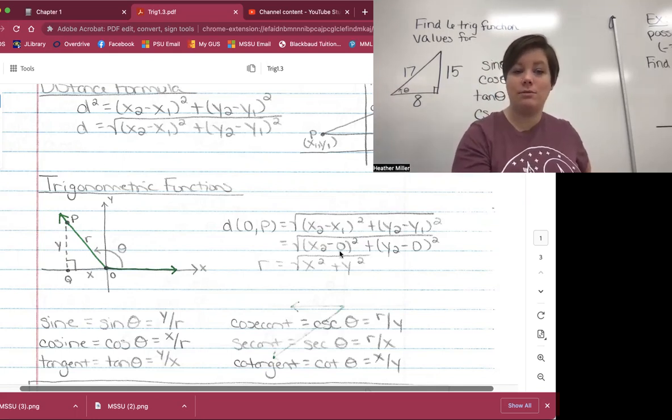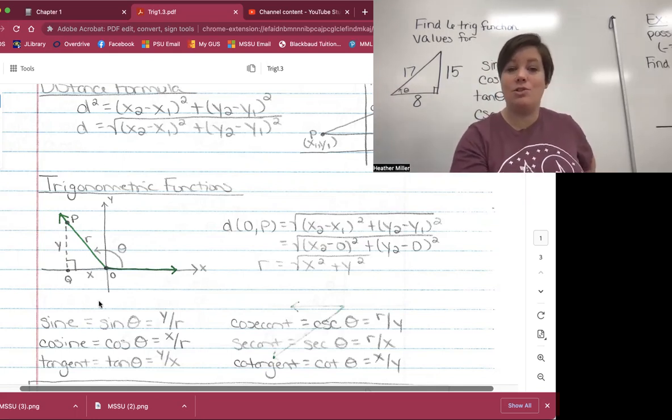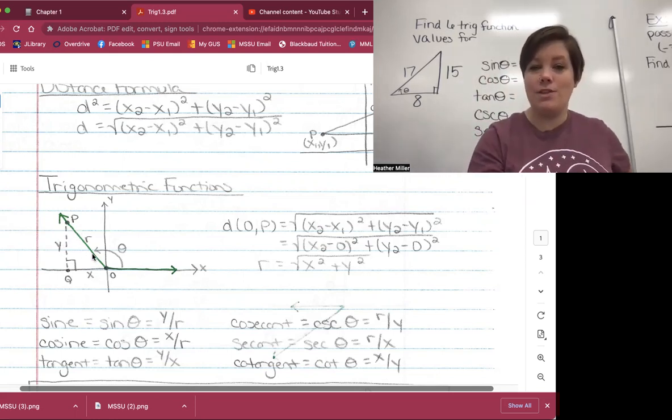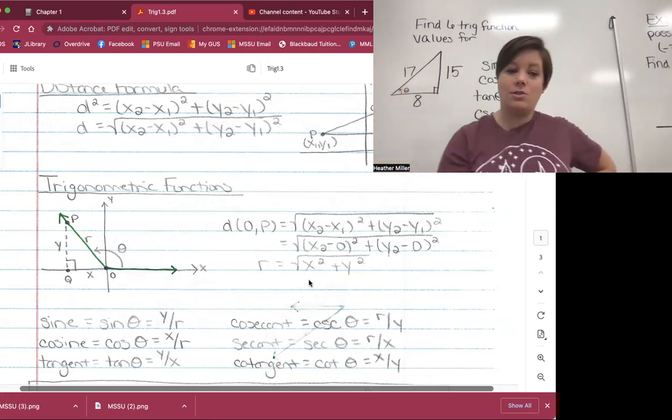We're using the distance formula, and we're using triangles and angles in order to find the measure of this radius, this lowercase r. And the measure of the radius is the square root of x squared plus y squared.